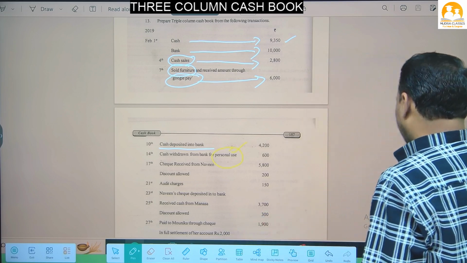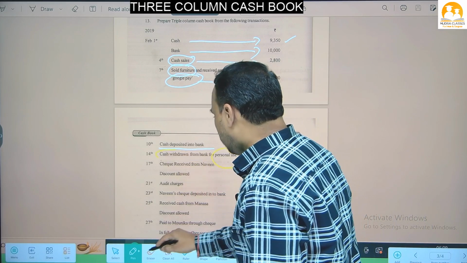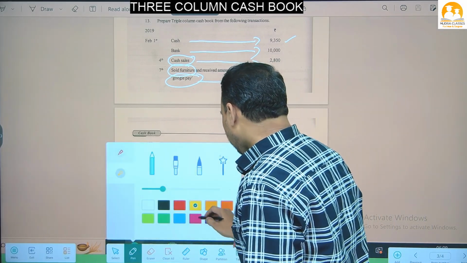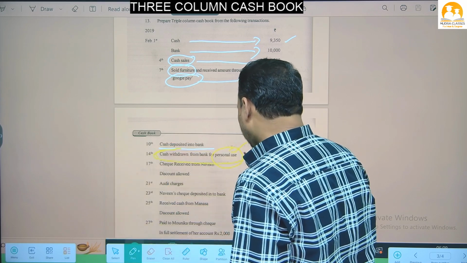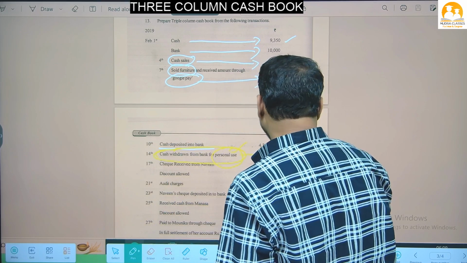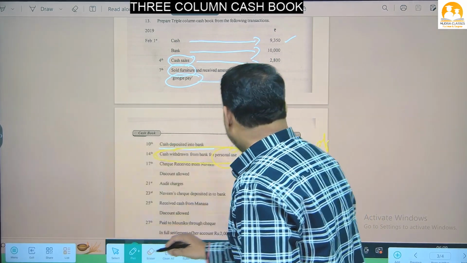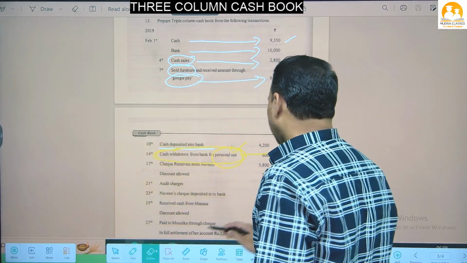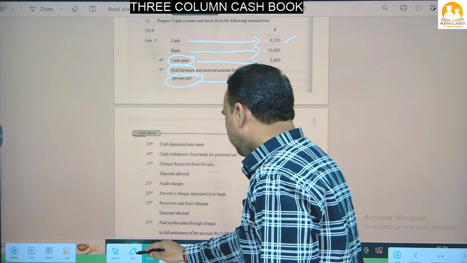So cash withdrawn from bank, it is not a contra entry. Listen carefully here.